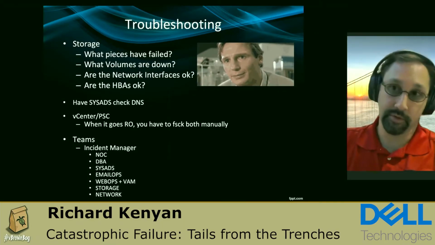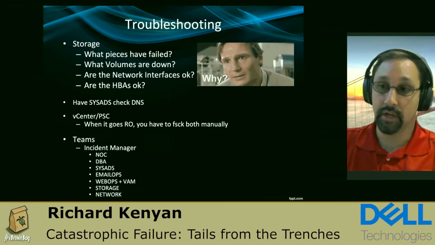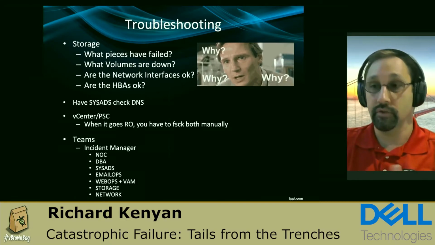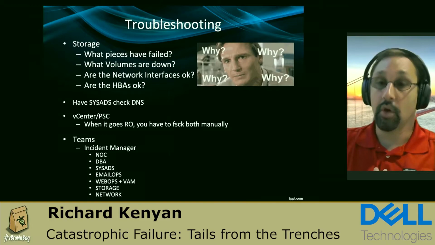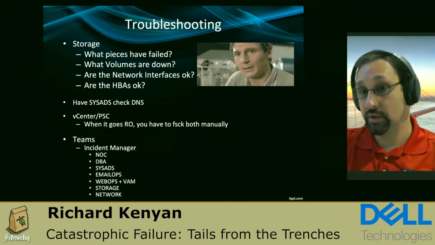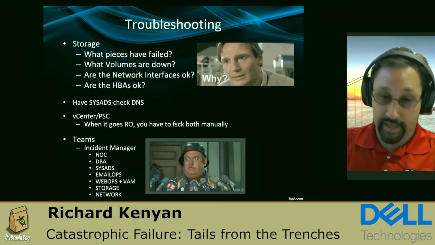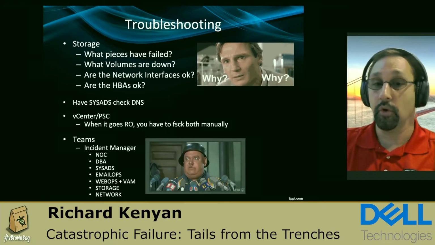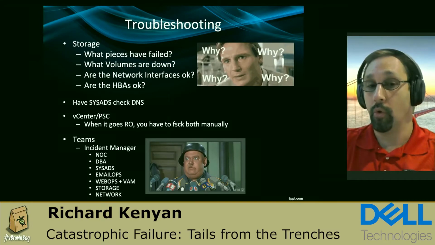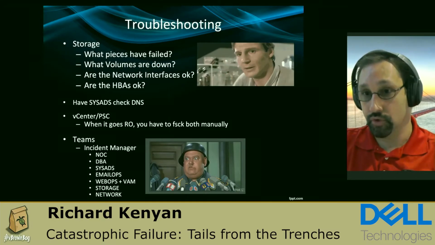So all of these teams are going to need to have a person in charge of fixing their individual pieces. And an incident manager, while they may not necessarily be technical, always comes in with this face. They know nothing. They don't know what's going on, and their role isn't technical troubleshooting.